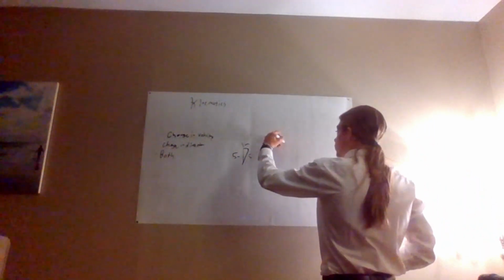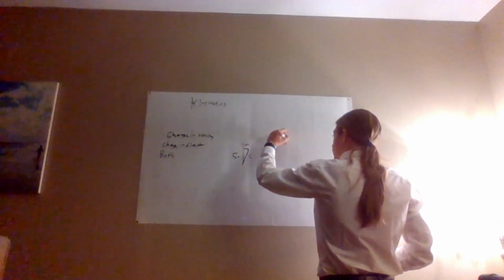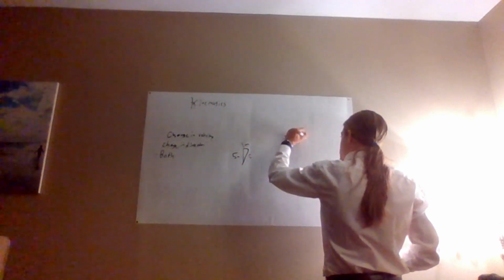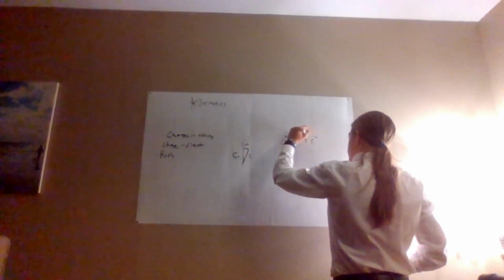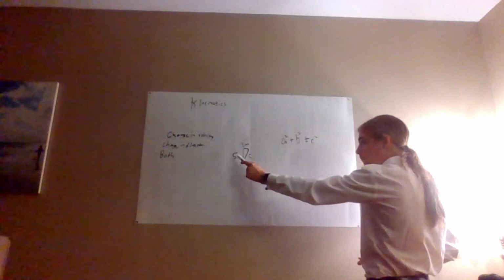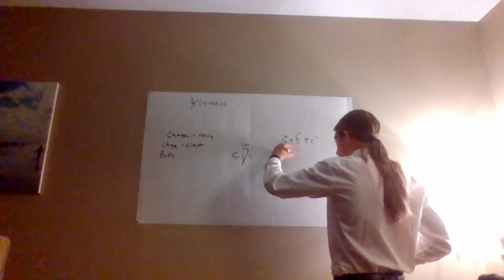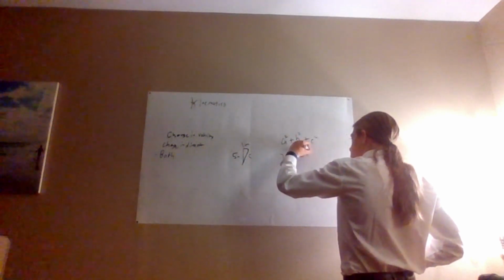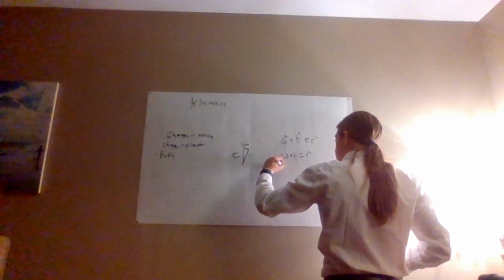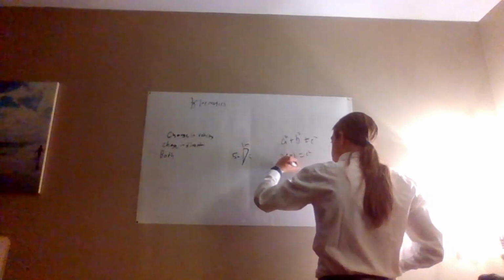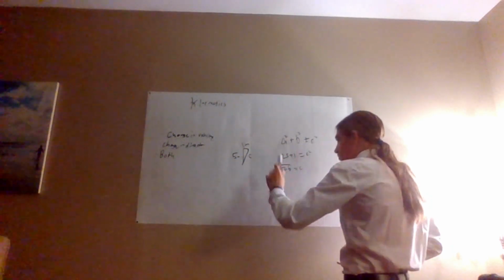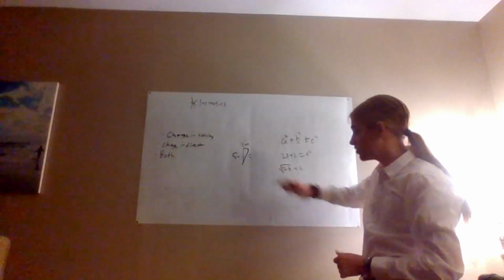So if you remember our formula, the Pythagorean theorem, a squared plus b squared equals c squared. 5 and 1 are a and b here, so 25, 5 squared, plus 1, 1 squared, is equal to c squared. If we square root that, we get the square root of 26 is equal to c. So the square root of 26 is equal to our displacement here.